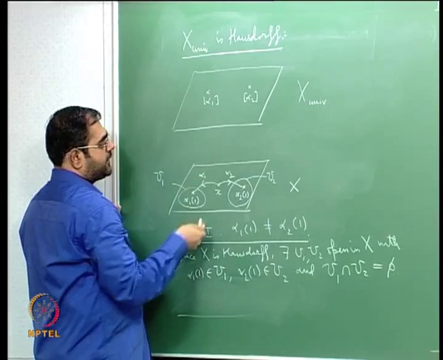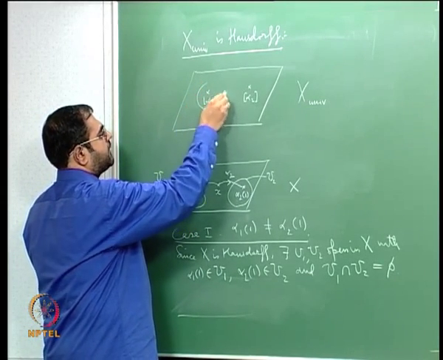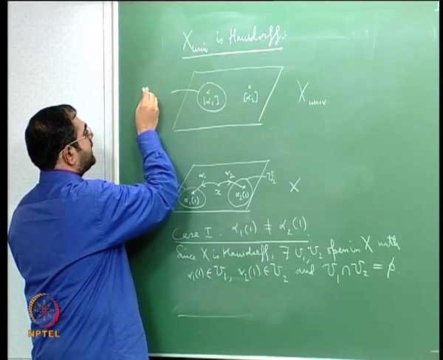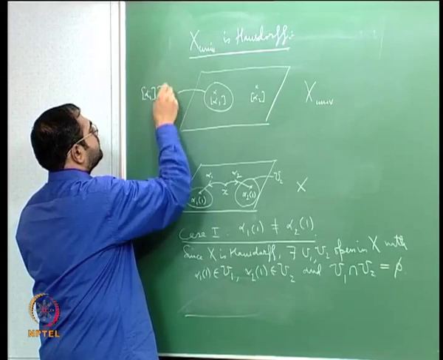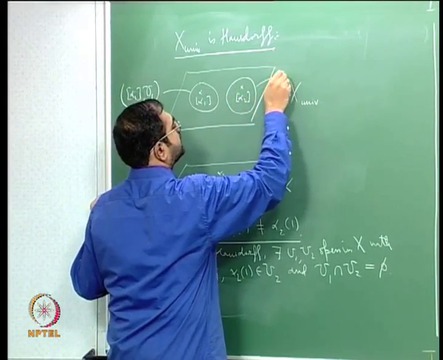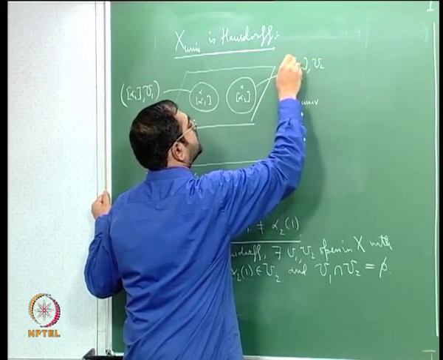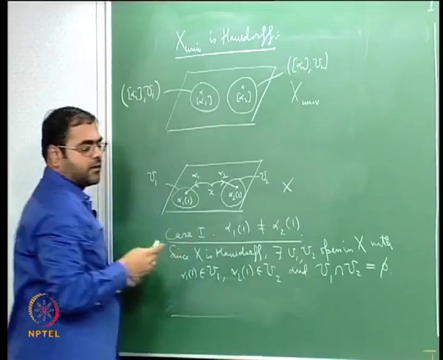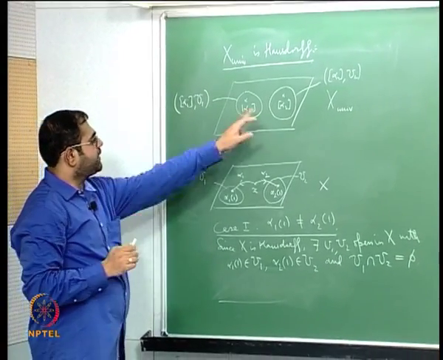Then it is very clear that if I take this neighborhood above given by alpha 1 comma U1 and this neighborhood above given by alpha 2 comma U2, these two neighborhoods don't intersect.